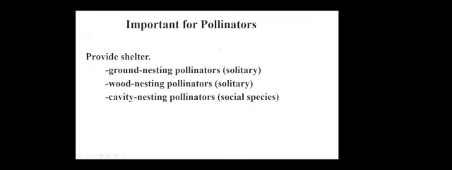Native bees are technically, most of the time, specialists. They include ground nesting pollinators and wood nesting pollinators, and they are solitary. The cavity nesting pollinators are social species, such as bumblebees, or some other wasps, or yellow jackets.